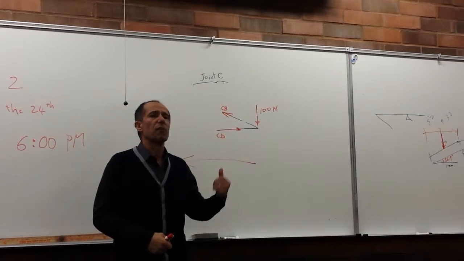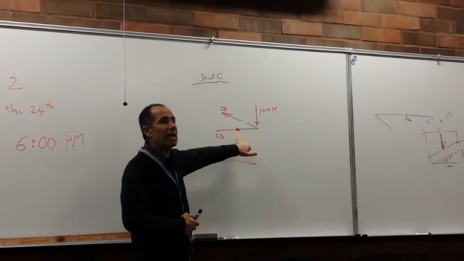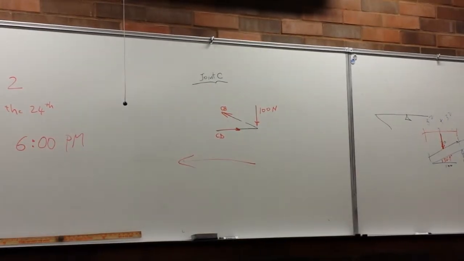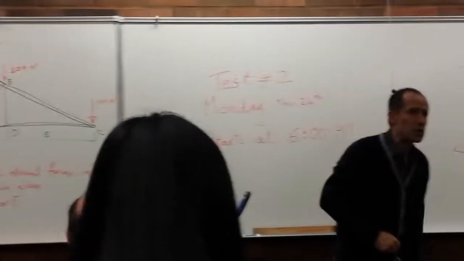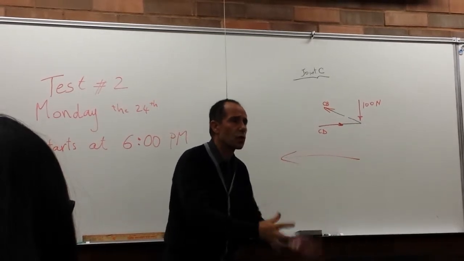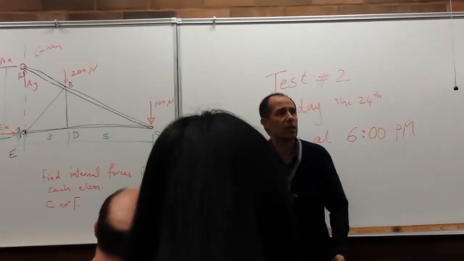Because if I put it in the opposite direction, I get negative. Before I step to the following joint, D for example, I need to change it, because I need to carry that tension or compression from this joint, since this is pushing towards D or pulling D, correct?